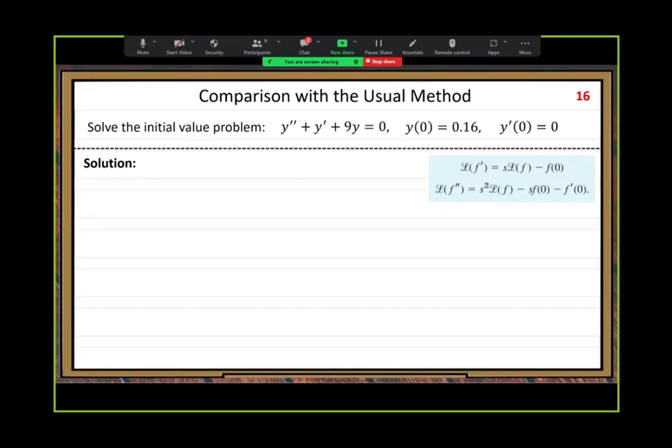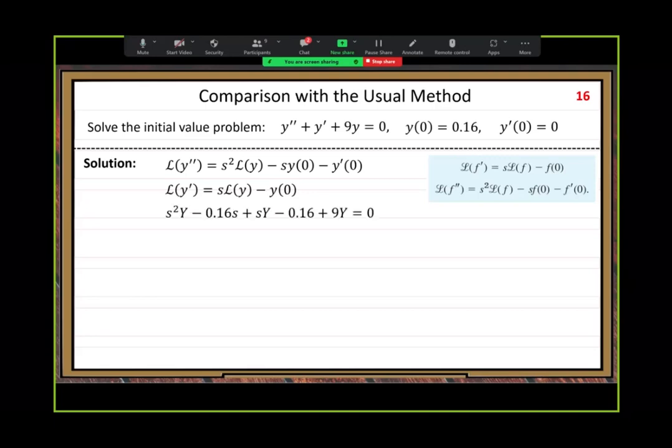Still these 2 formulas. So plug in the Laplace transform of y double prime. Apply that, using capital Y to replace the Laplace transform, with the initial values given, and the second formula.